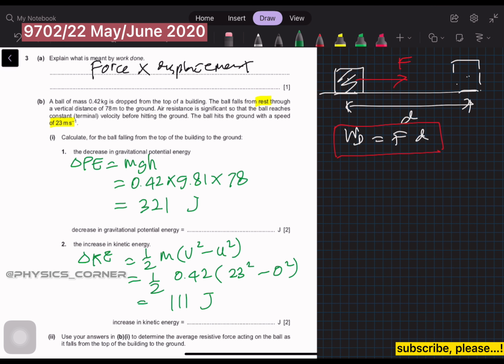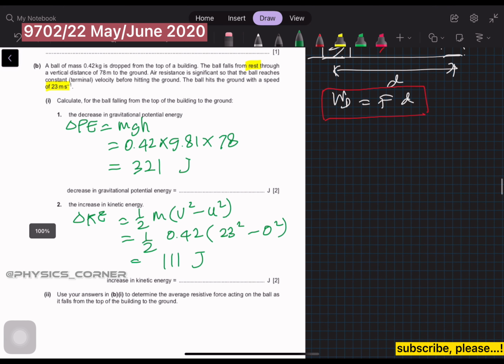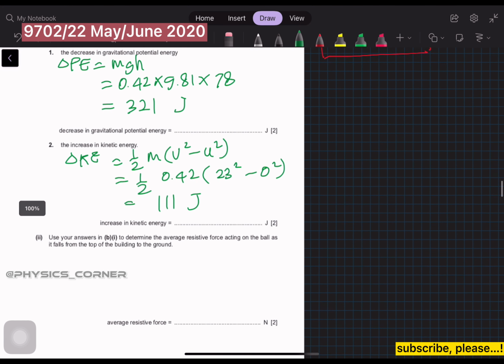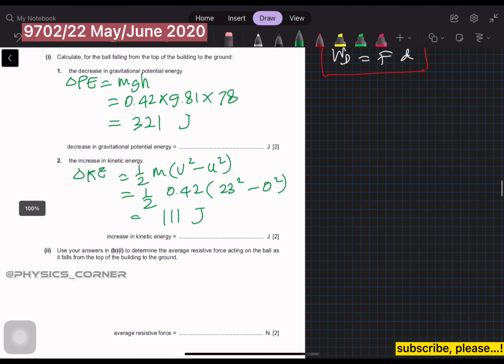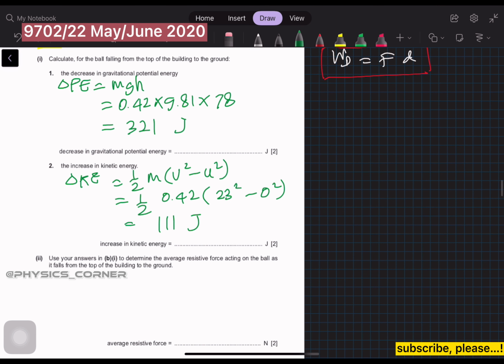So go to the question, I'm still on question B. They ask me to use the answer to B(i) to determine the average resistive force acting on the ball as it falls from the top of the building to the ground.